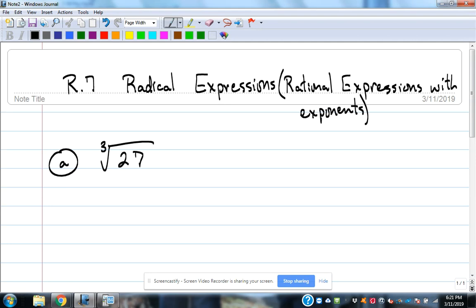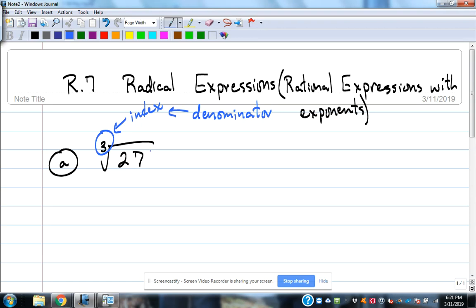So we have a cubed root, and here's how this works. Cubed roots, or any root, this is called an index, like index card, but index like in a number. Okay, an index relates to the denominator of the rational exponent. Whatever the index is out there, it's the denominator of the rational exponent.